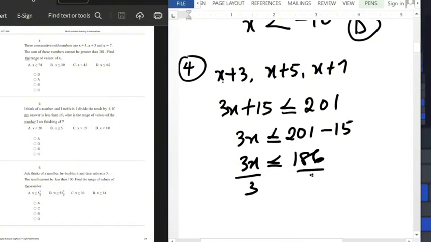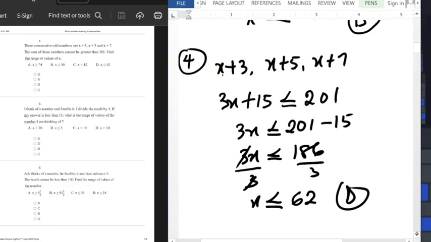Therefore, x is less than or equal to 186 divided by 3. 3 into 18 is 6, and 3 into 6 is 2. So that is x less than or equal to 62. That is option D as well. x less than or equal to 62.